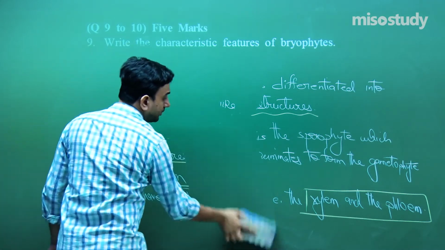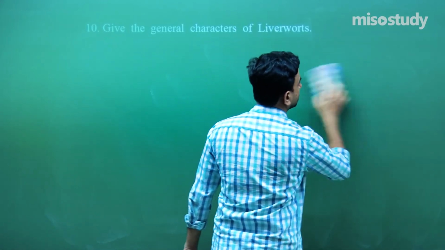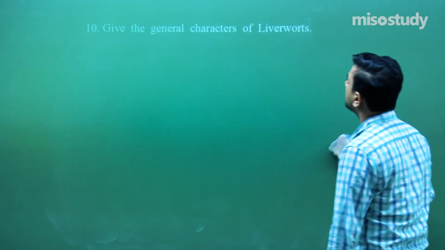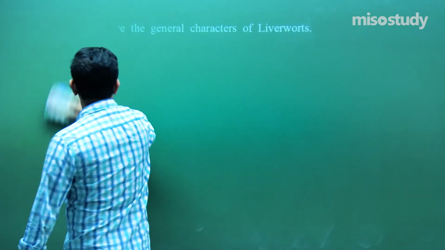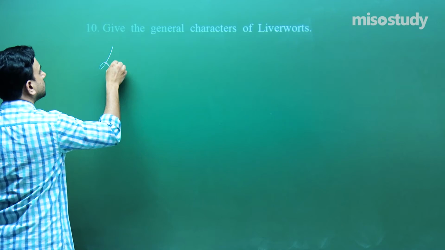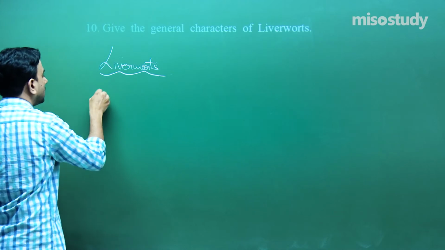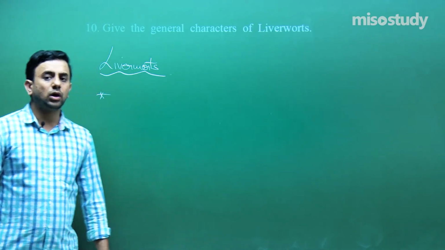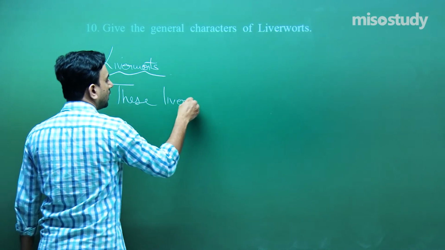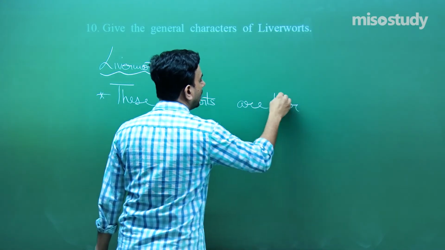We move on to the next question, that is the last question: give the general characters of the liverworts. Now, these liverworts are liver-like.